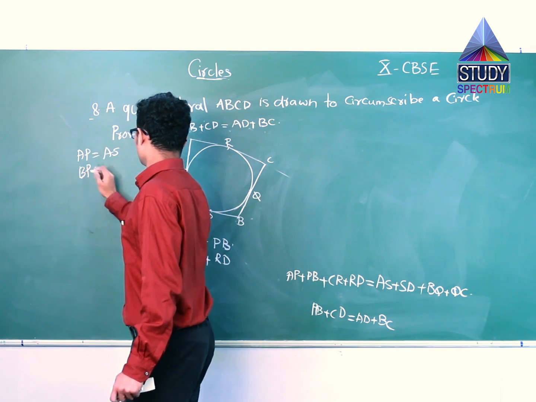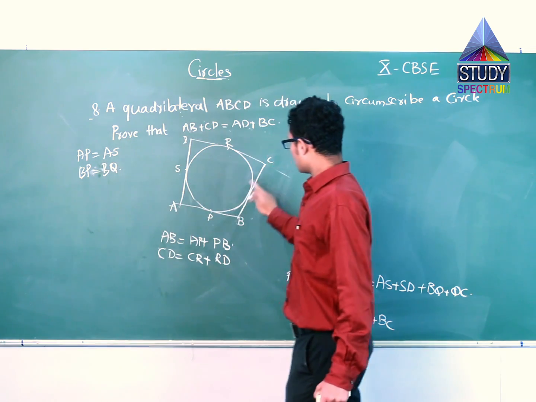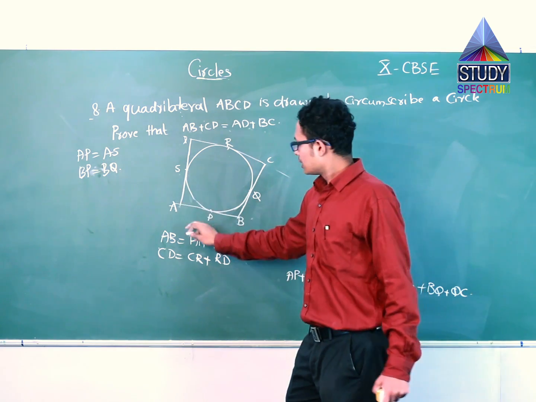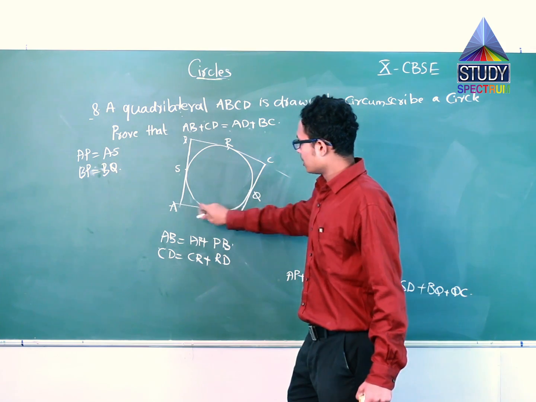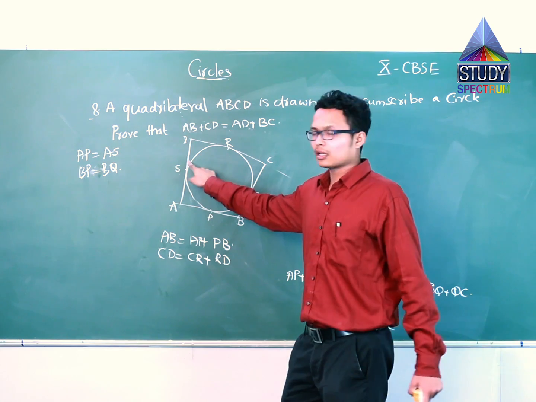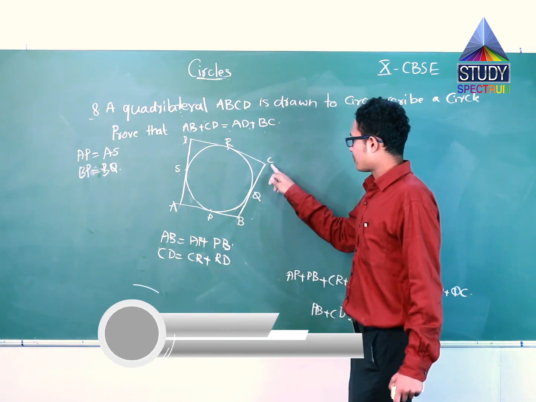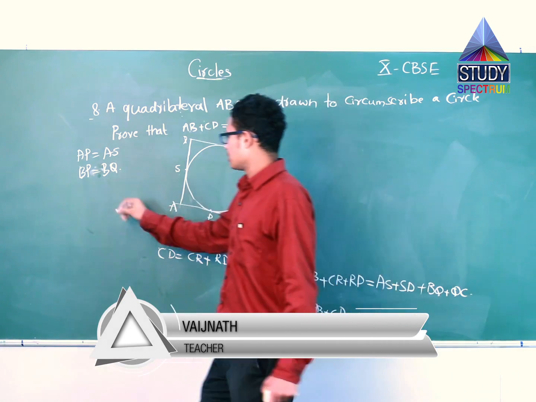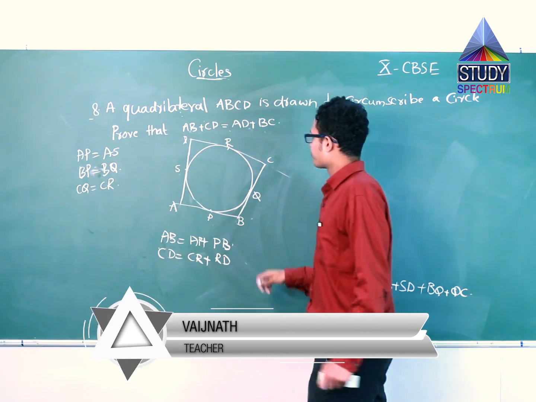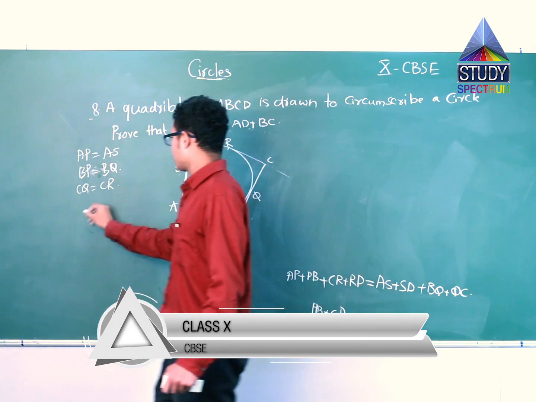Why am I equating these two lengths? Because these are tangents to the circle from an external point, where we can have two tangents drawn to the circle. So they are equal in length from theorem 10.2. At point C, you have CQ is equal to CR. And at point D, you have DS is equal to DR.